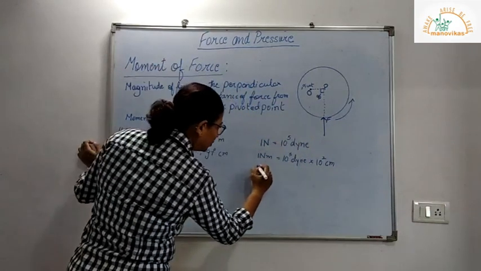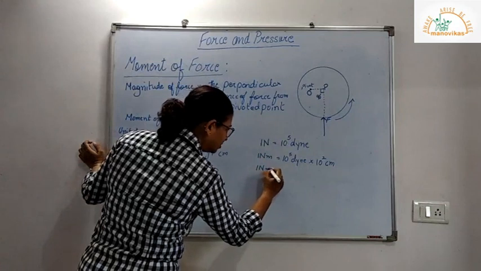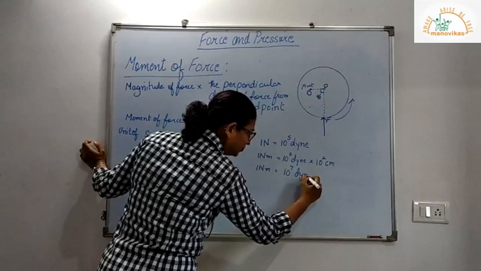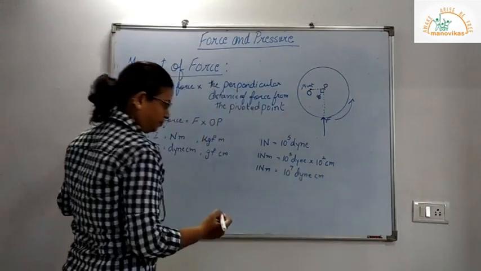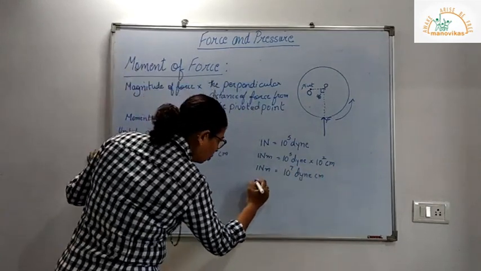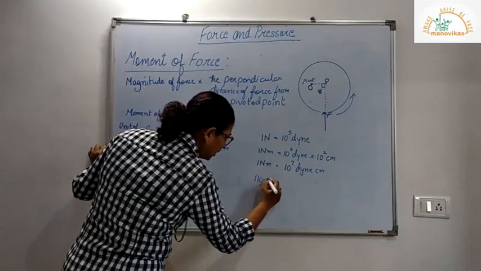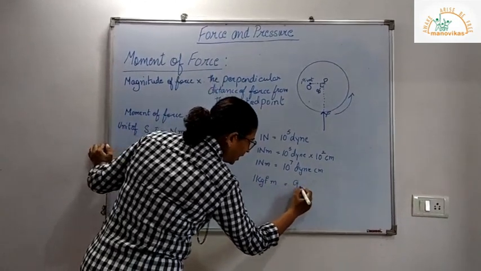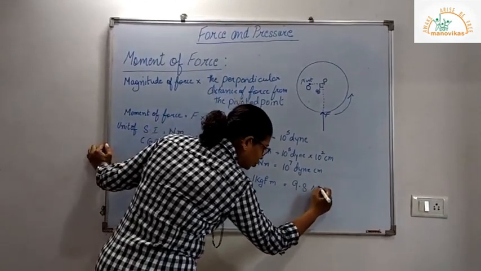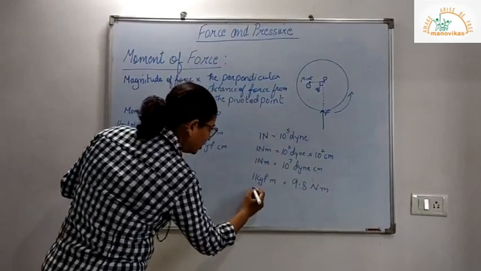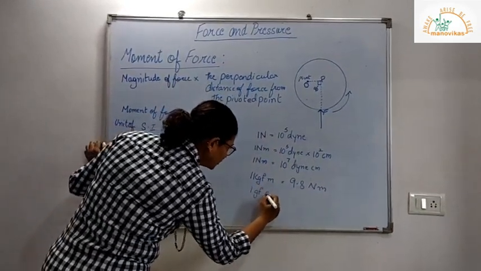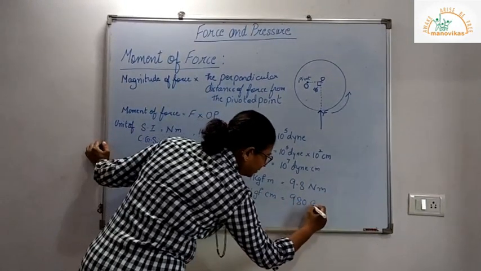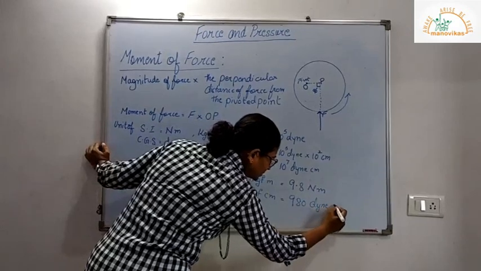So we get here 1 Newton meter, which is equal to 10 raised to 7 dyne centimeter. Now here 1 kgf meter is equal to 9.8 Newton meter, and we have 1 gf centimeter, which is equal to 980 dyne centimeter.